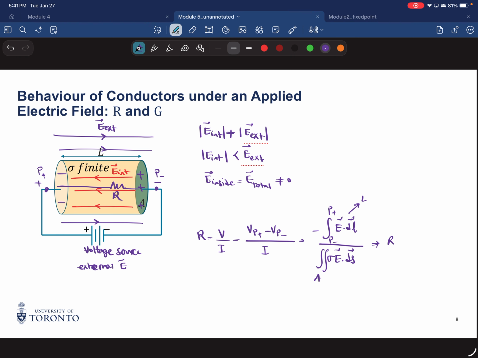Equivalently, we have R prime, which is resistance per unit length, and that's R over L. It's ohm per meter. That's resistance per unit length.